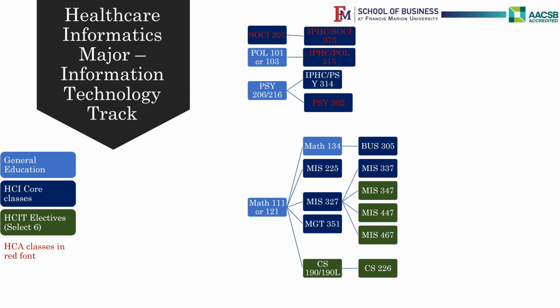MIS 347 is the Business Data Communications course where you will learn about computer networks. MIS 447 is Database Management. MIS 467, E-Commerce Applications. All these MIS classes will improve your ability to work with technology and manipulate data.